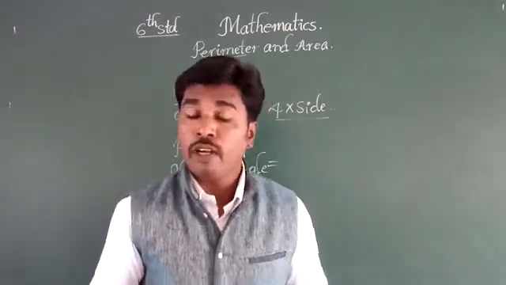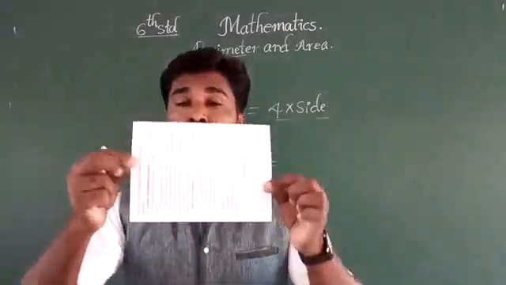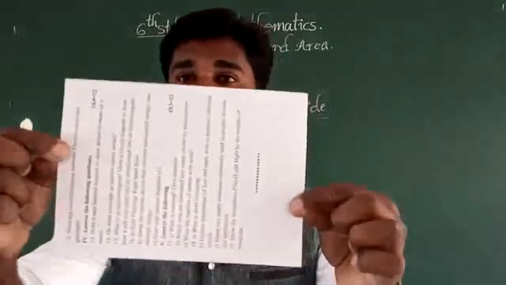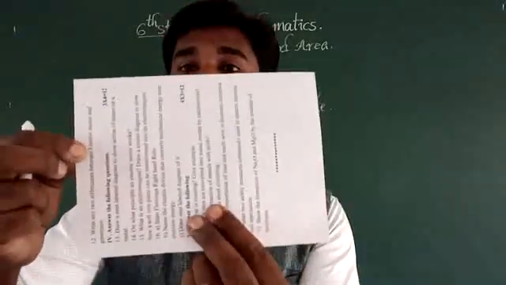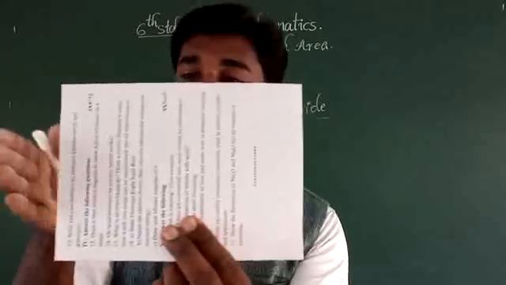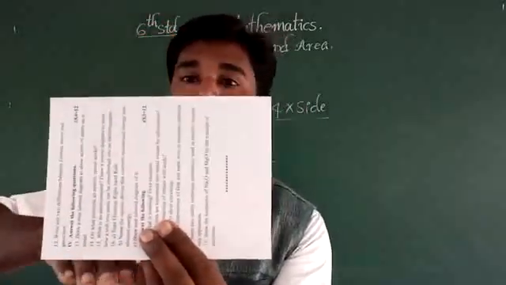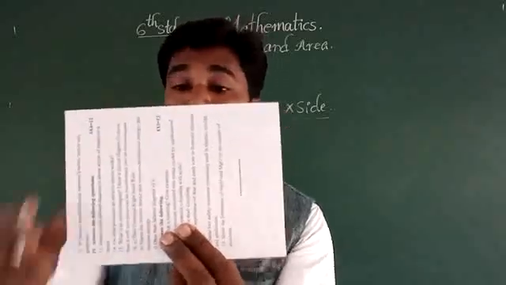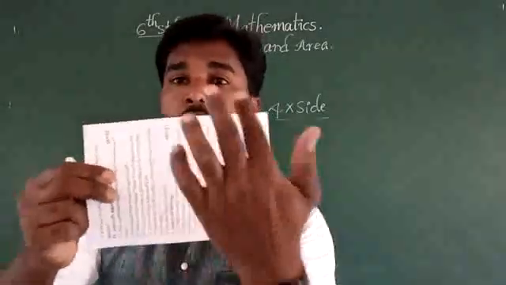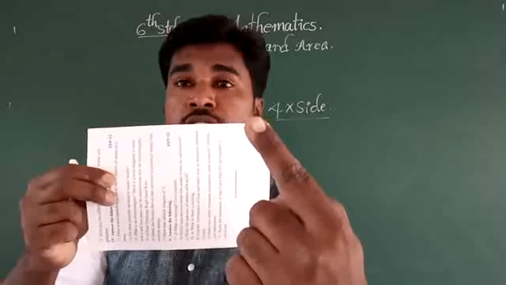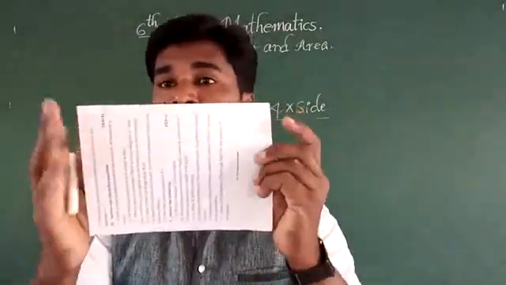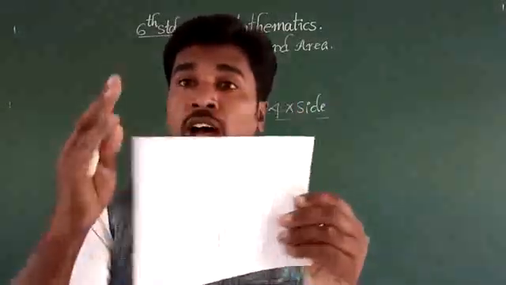Observe here, I am going to show a sheet which is in rectangular shape. This side and this side are equal. Top and bottom sides are equal. That means the bottom and the top are opposite sides, and the left-hand side and right-hand side are opposite.